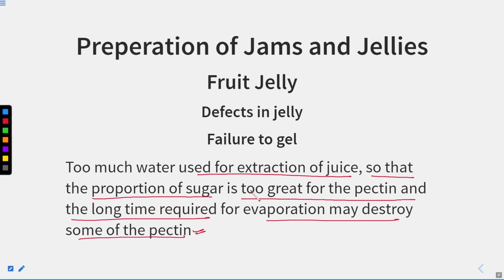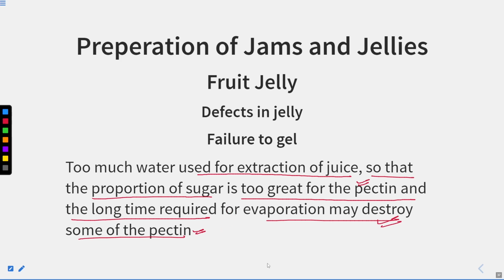So if you have a lot of water while preparing the juice, then this causes imbalance of the pectin and sugar, because you require more time to get this water evaporated, and that destroys some of the pectin. So if the pectin is destroyed, then there is a failure to form the gel.